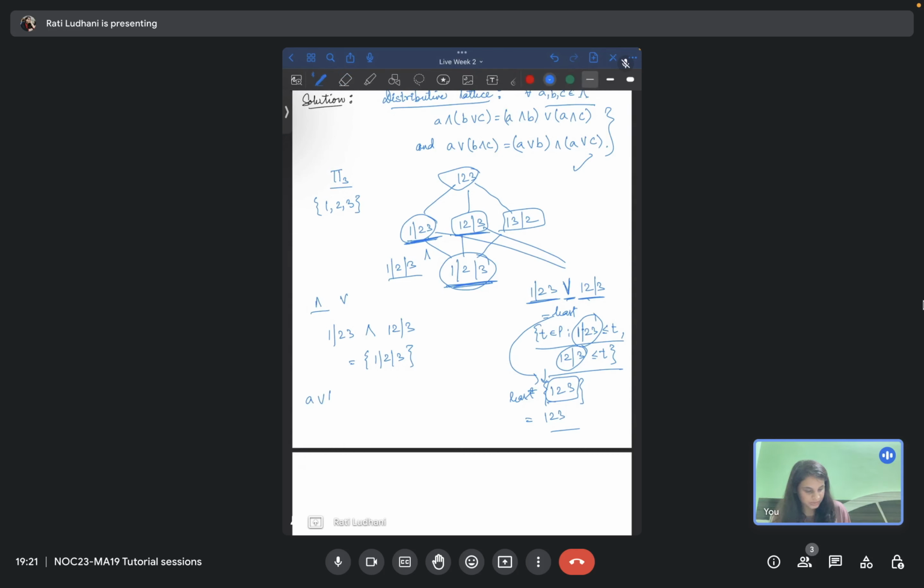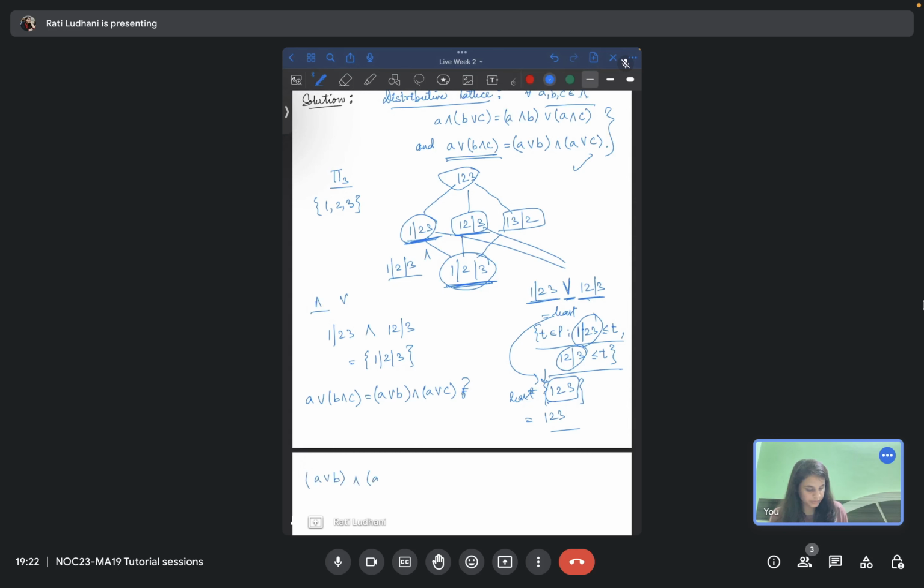Which A, B, C you will need to pick, that is the question. Basically you should try all. That is the only way to say whether this is a distributive lattice or not. If it is a distributive lattice, you have to check for everything, and if it is not, there should be a counterexample. I'm saying this is not a distributive lattice. Which example am I giving?